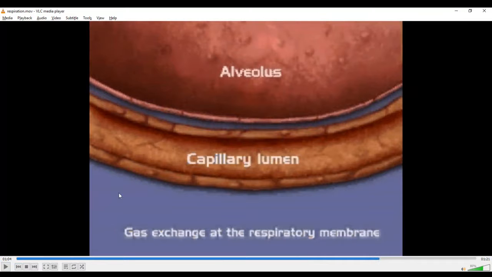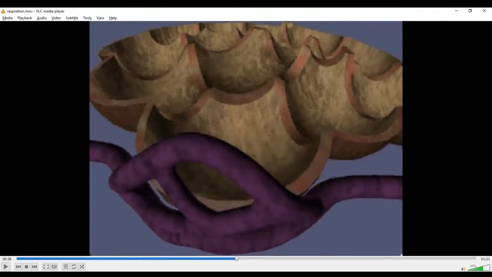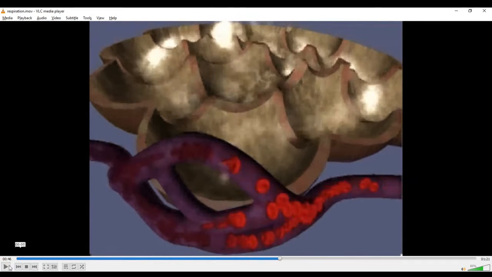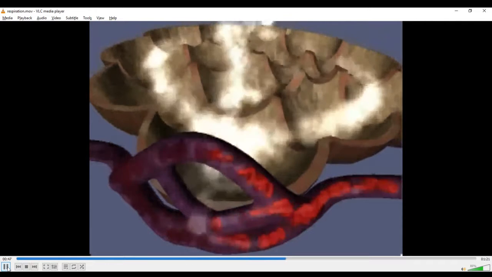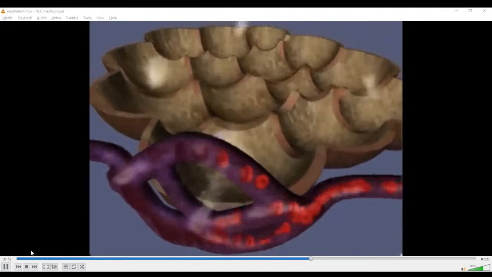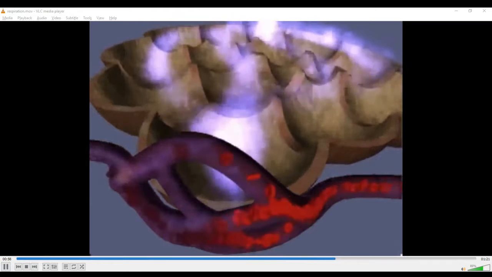You can see that as the blood was entering, it was a dull color, and as it was exiting, it was now oxygenated. It was a lighter color. So we've got gas exchange occurring here as carbon dioxide is diffusing out and oxygen is diffusing into those capillaries.